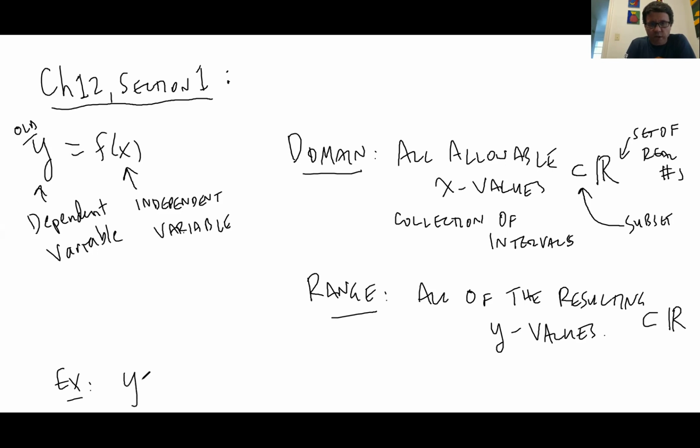Just for example, if we said y equals the square root of 1 minus x squared. Let's do a basic example of that. We'll write D for domain, R for range here. The domain on this one is, well, we know that x can't be too big, because if we plugged in 5, this would be 1 minus 25, and that's not going to work because it's a square root.